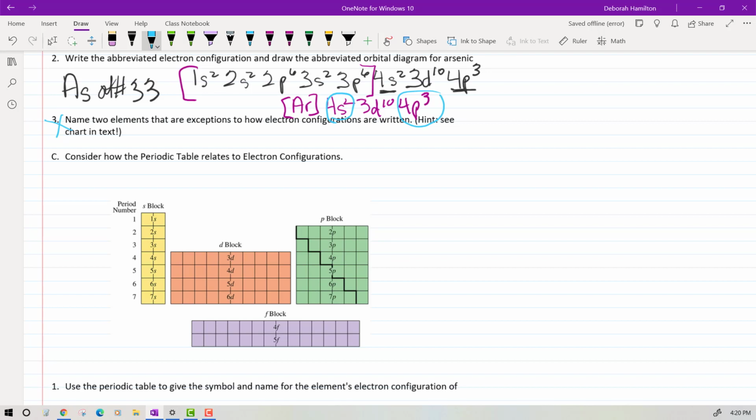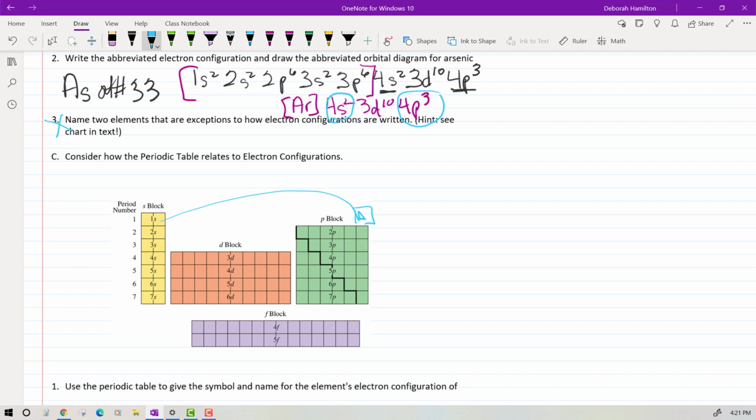Helium should be over here, but we put it over here because of its noble gas characteristics, though it really belongs in the 1s block as far as the electrons are concerned, because these all end in s2. Beryllium, magnesium, calcium, they all end in s2, just one period higher for each.